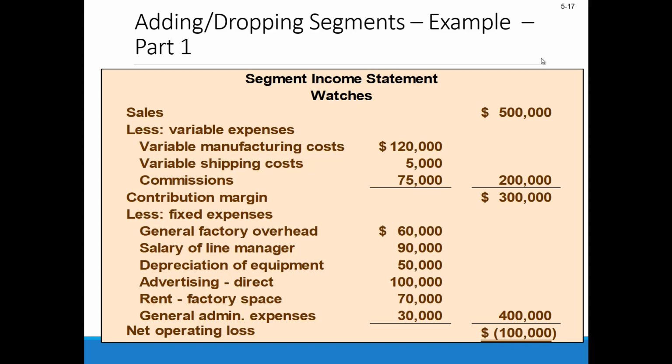Let's look at the segment income statement for a particular company's watches segment. They've got sales of $500,000 and contribution margin of $300,000. They've got a whole bunch of fixed expenses shown here that result in a net operating loss at the segment level of $100,000.